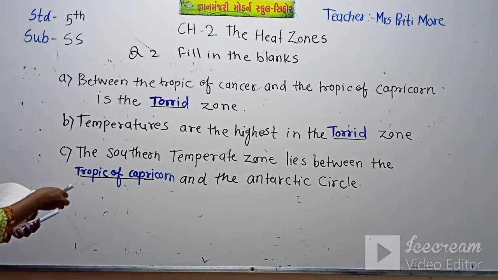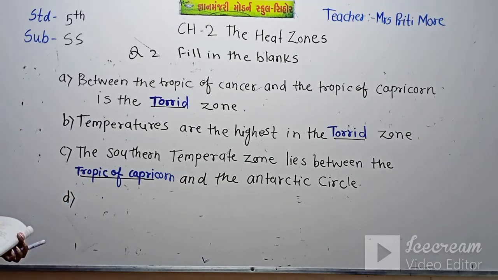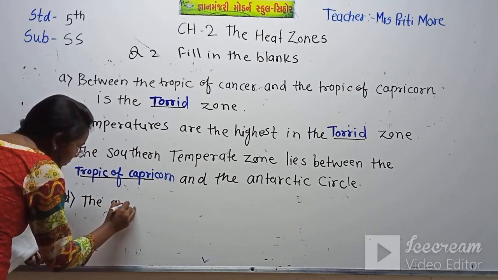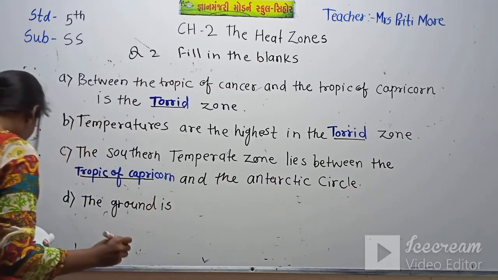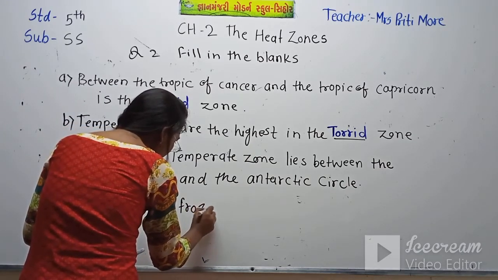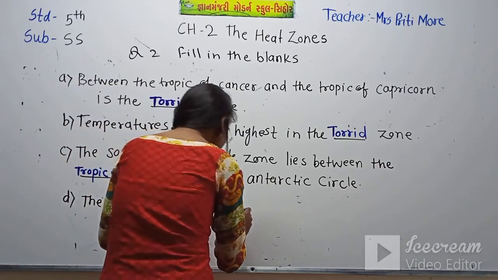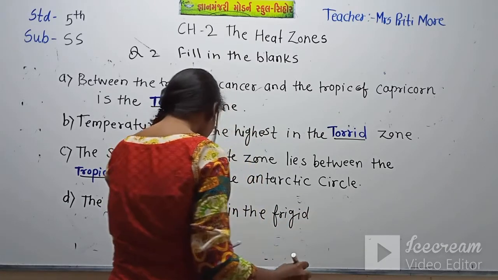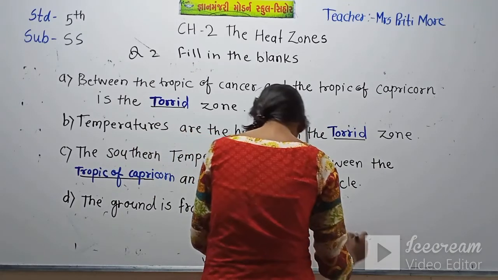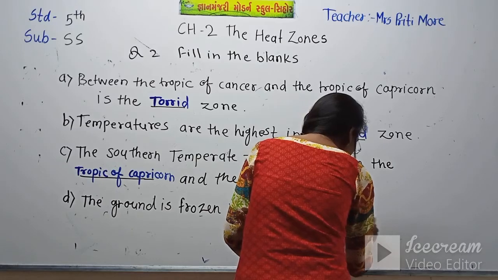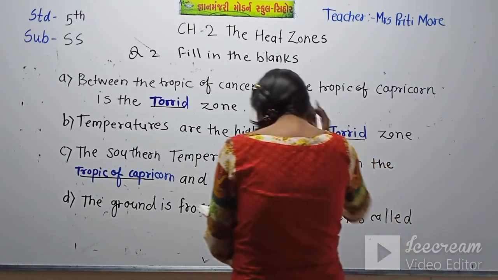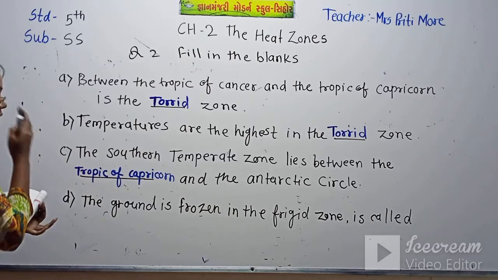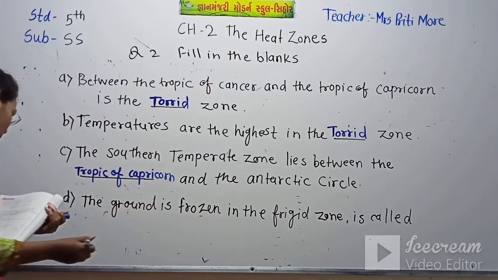Now D. The ground is frozen in the frigid zone, which is called permafrost.